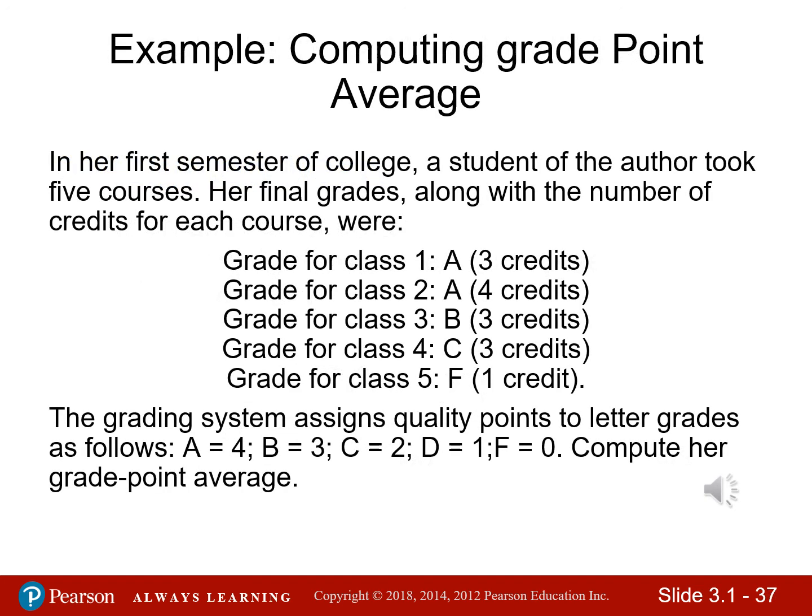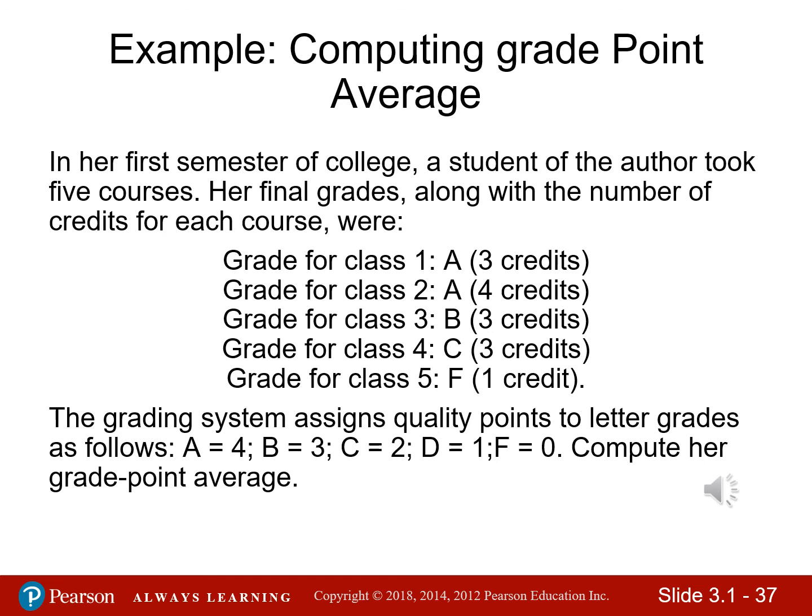Let's consider this example. In her first semester of college, a student took 5 classes. Her final grades, along with the number of credits for each course, were as follows. For her first class, she got an A, and it was a 3-credit course. Her second class, she got an A, and it was a 4-credit course. Her third class, she received a B, and it's a 3-credit course.